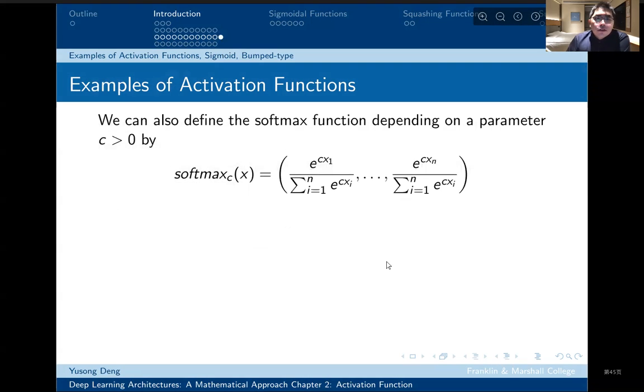Okay, here is what continues: we can also define the softmax function depending on one parameter c greater than 0 by doing this.